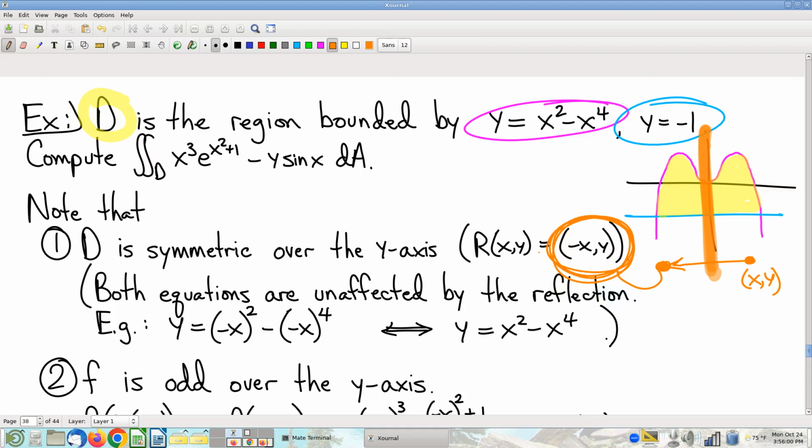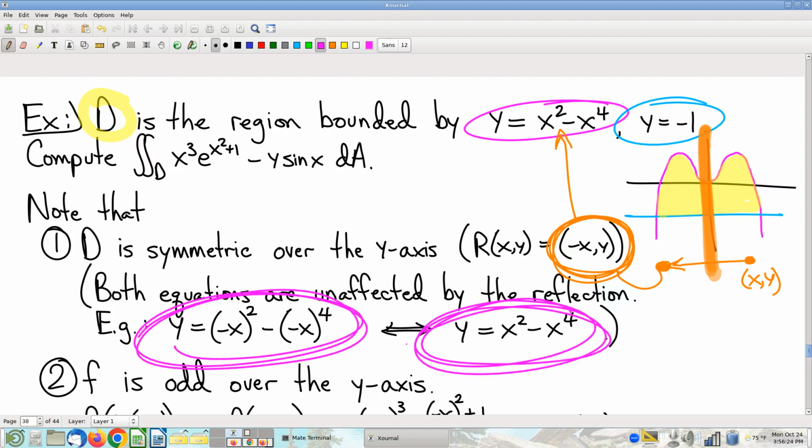You can see it's got the same y coordinate because we reflected horizontally, but the x coordinate is the negative here of what it was there. And then you can take this formula for a reflection, plug the reflection directly into the equation, and what you find is that the reflection of that equation is exactly the same as the original equation. In other words, flipping that curve over this orange y-axis, nothing changes. So that's why it's symmetric.